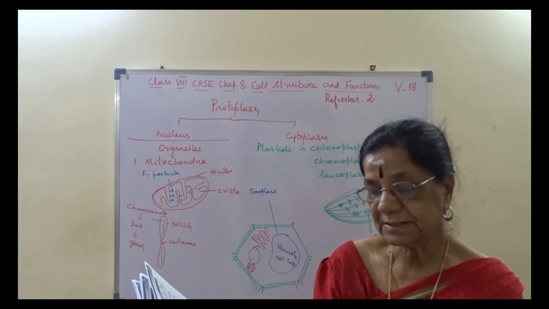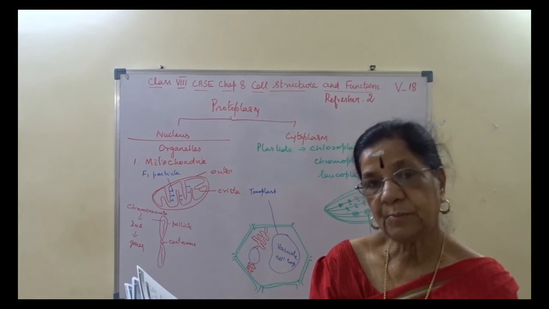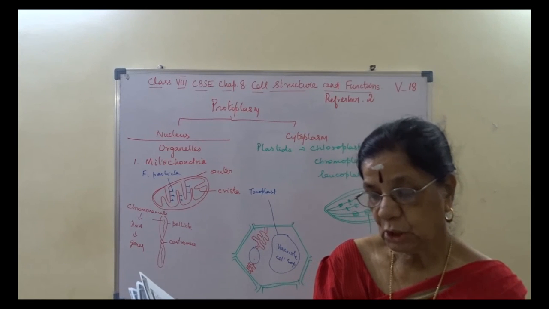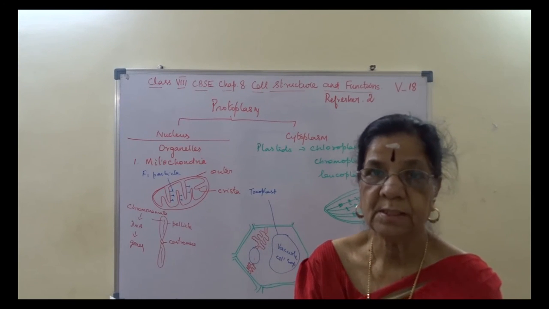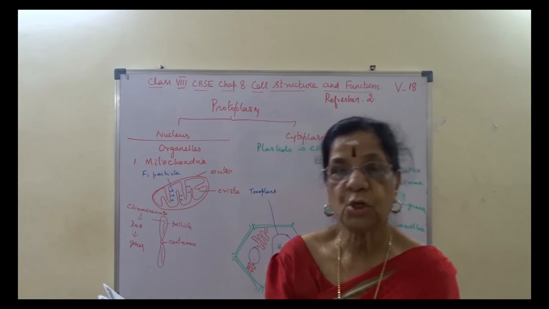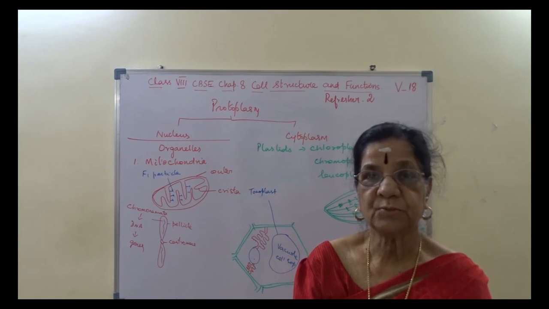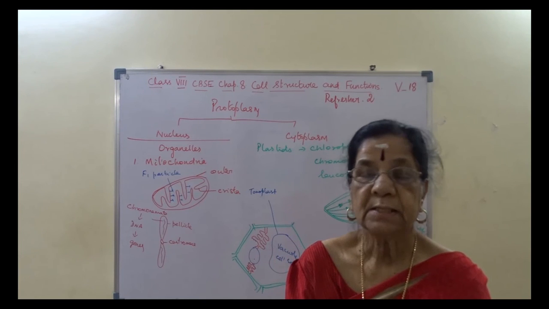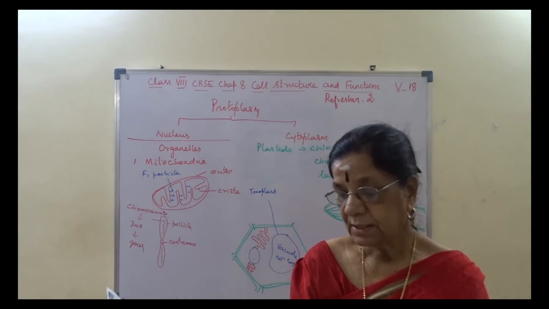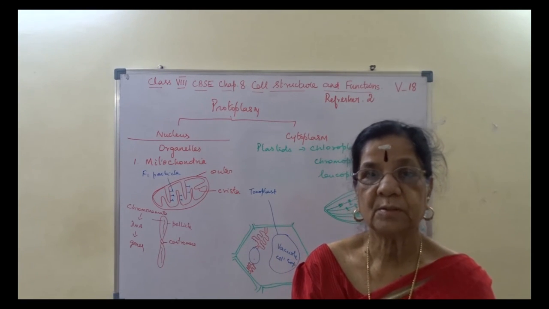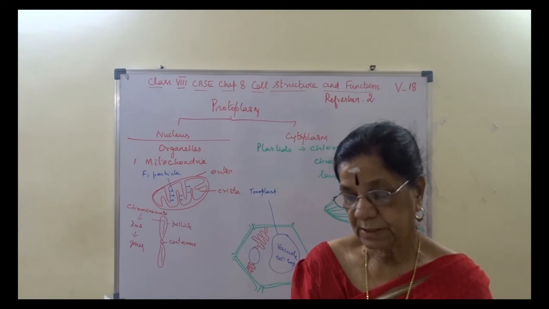DNA is a double-stranded helix formed of deoxyribose sugar. And actually the backbone of the helix is formed of sugar and phosphate molecules. The nitrogenous bases are attached to the sugar molecules. I hope you understand.